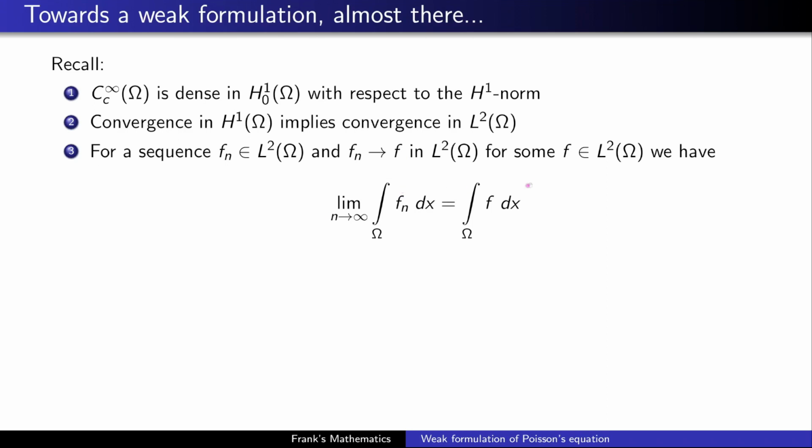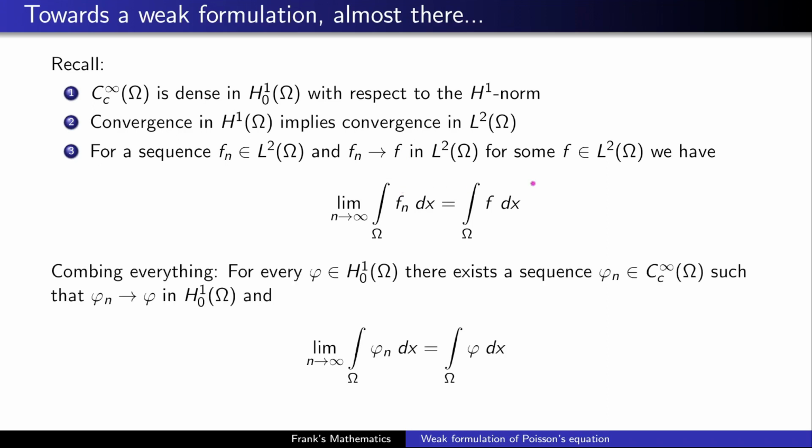So let's combine everything. We take an arbitrarily chosen function phi of H01, then we know that there is a sequence of test functions converging to this function phi in the space H01, and using point number 2 and point number 3 we can move the limits into the integral.